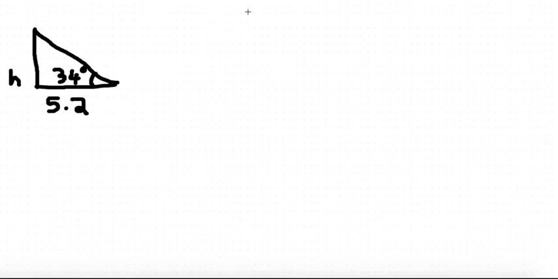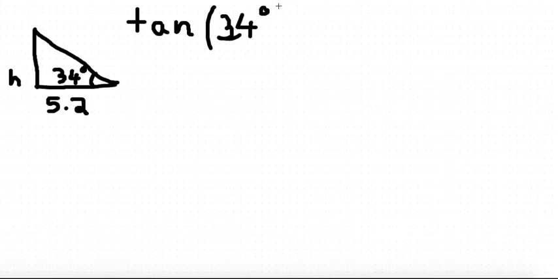And to find the height, you have to use the tangent ratio because it gives you the opposite and the adjacent side. So you have to do tangent of 34 degrees, which is equal to the height divided by 5.2.